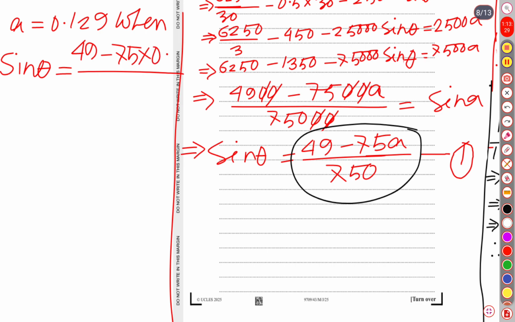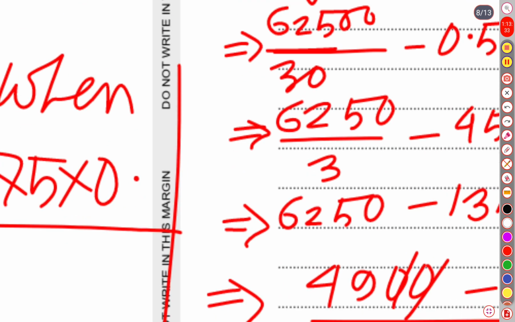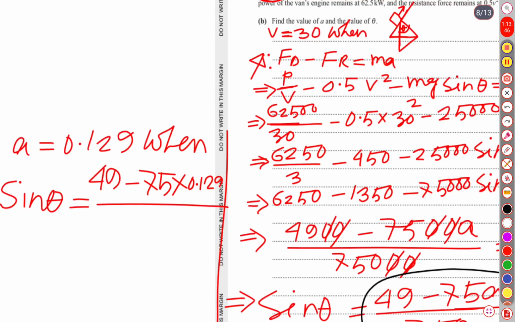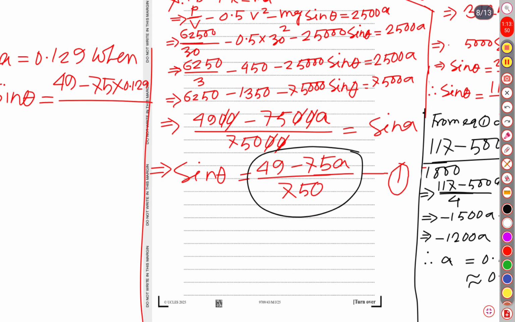Let me write after zooming it out. 75 into 0.129 over, how much is the denominator? Denominator is going to be 750.